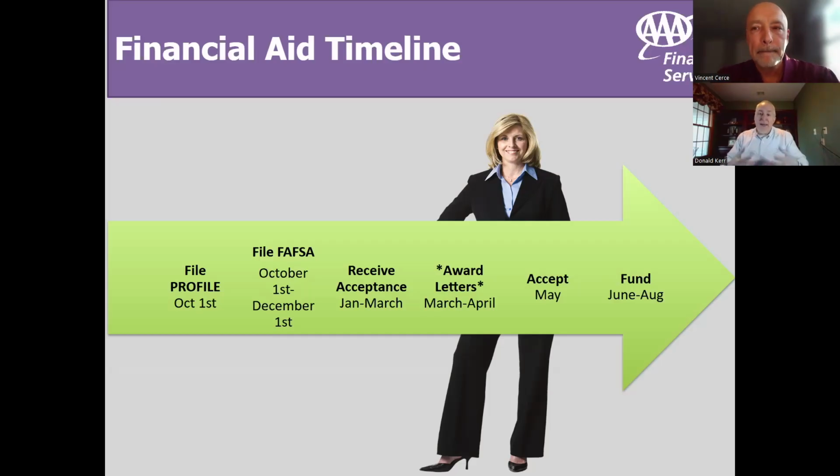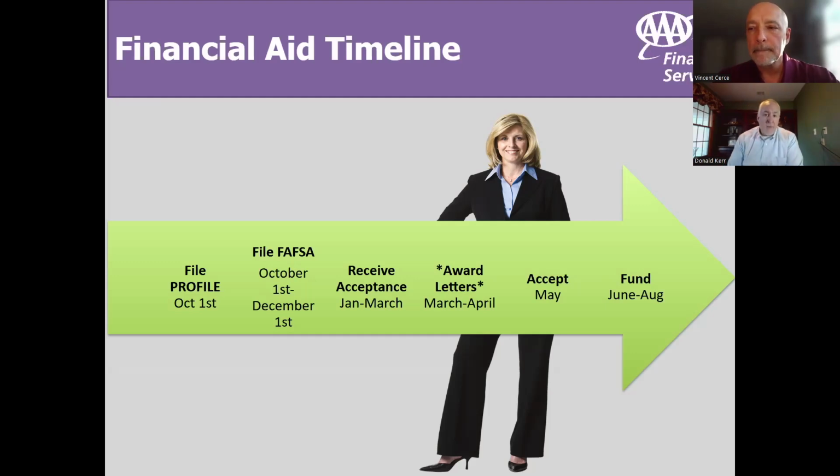By May 1st, you make a deposit to the college. Again, you can do it earlier if you know where you're going, but by May 1st, they want their deposit. Then the student goes through orientation, signs up for classes and dorms and meal plans. And then the college sends a bill out to families June, July, and then you have to fund it or pay that bill in June to August.